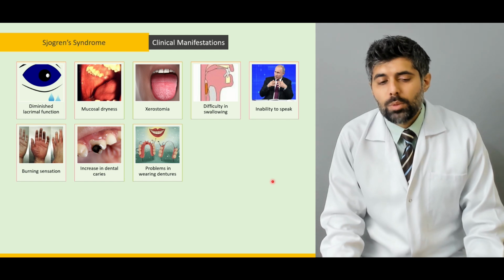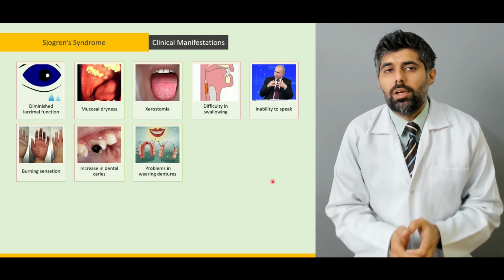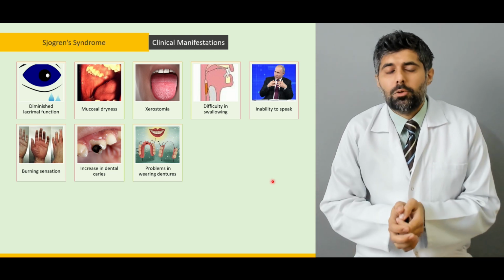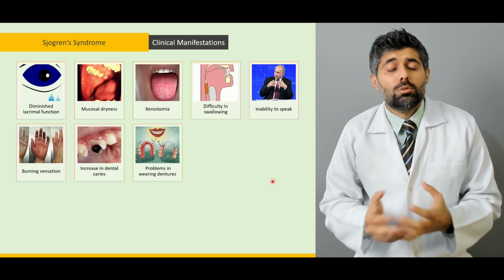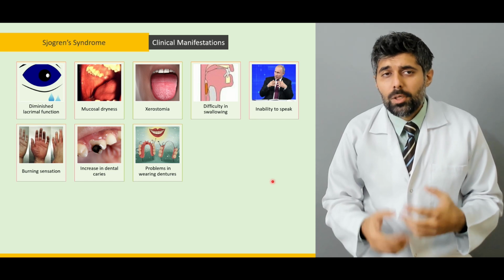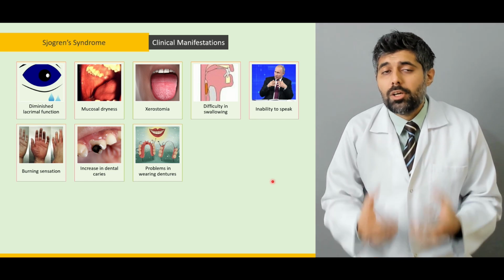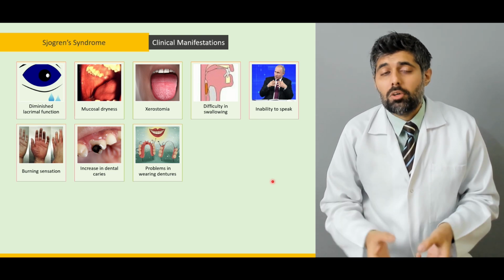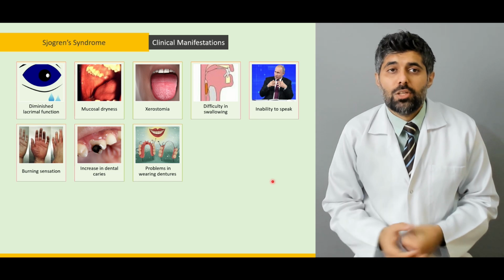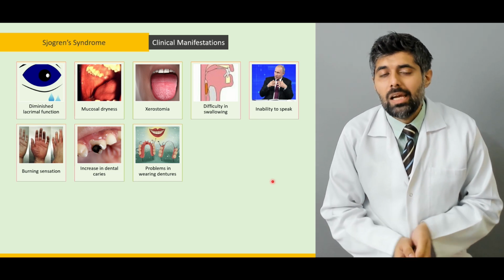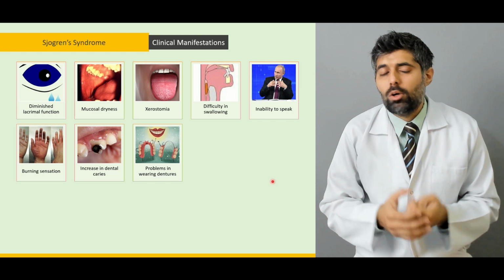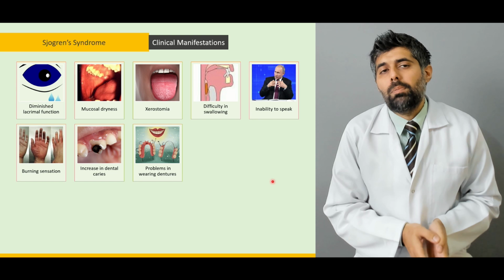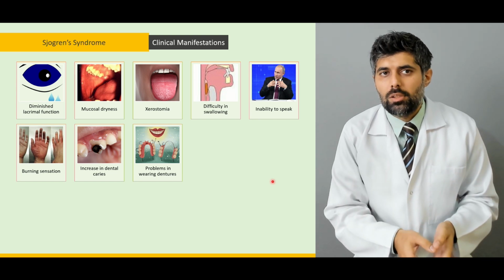A dry mouth can also cause problems in wearing dentures, from dentures that correct the alignment of the teeth to simple crowns. Because dentures require lubrication to hold their place, a dry mouth is not a place for dentures to be applied. It may cause pain, it may cause irritation, and the end result will not be optimal for the patient.